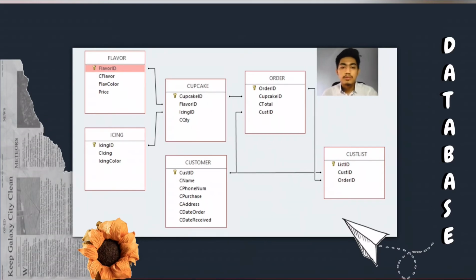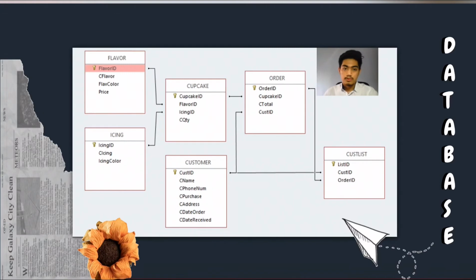Table flavor and table icing connect to table cupcake, and the relationship is one to many. Table cupcake and customer connect to table order, and table order connects to table cast list. All the relationships are one to many.